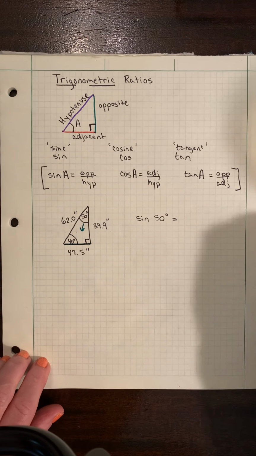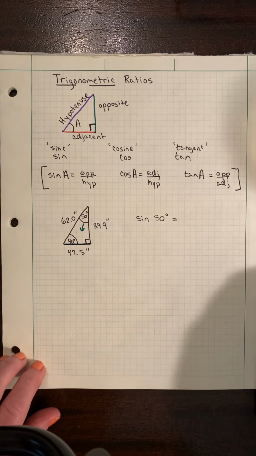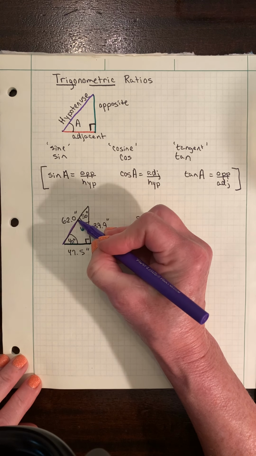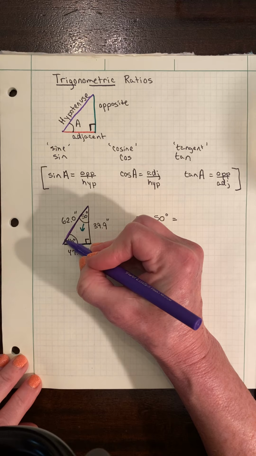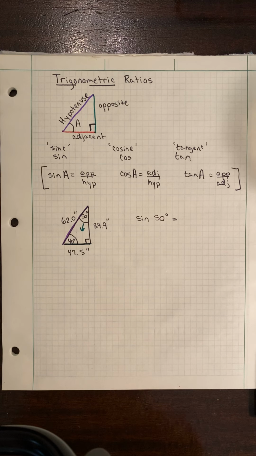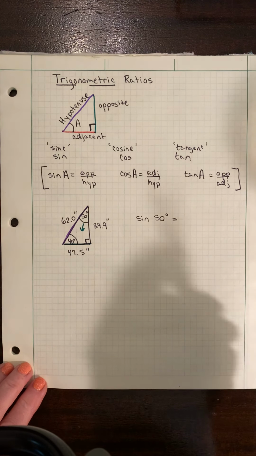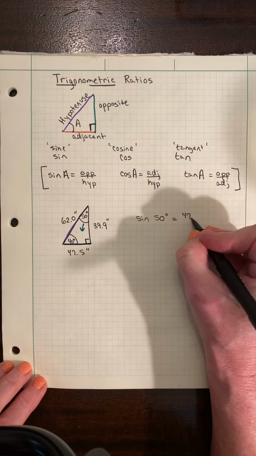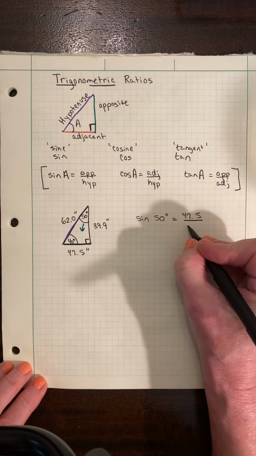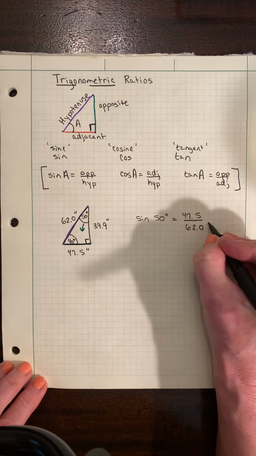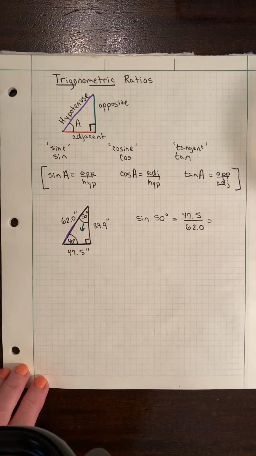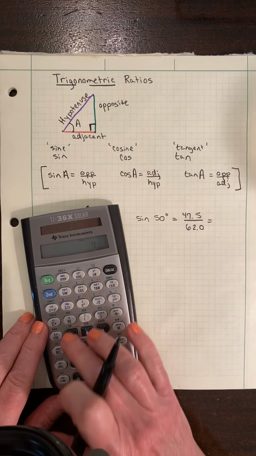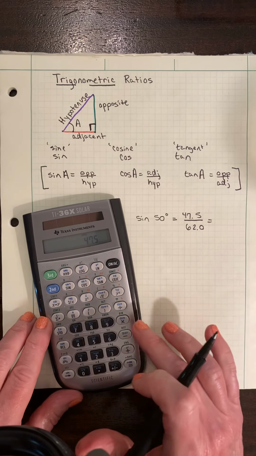We'll also need the hypotenuse, and remember the hypotenuse is always going to be the longer side. So those two numbers will make up my ratio. And so we put the opposite, 47.5 over 62.0. And in the homework, they'll have us round it to so many decimal places. So we just need to simplify by dividing that out.